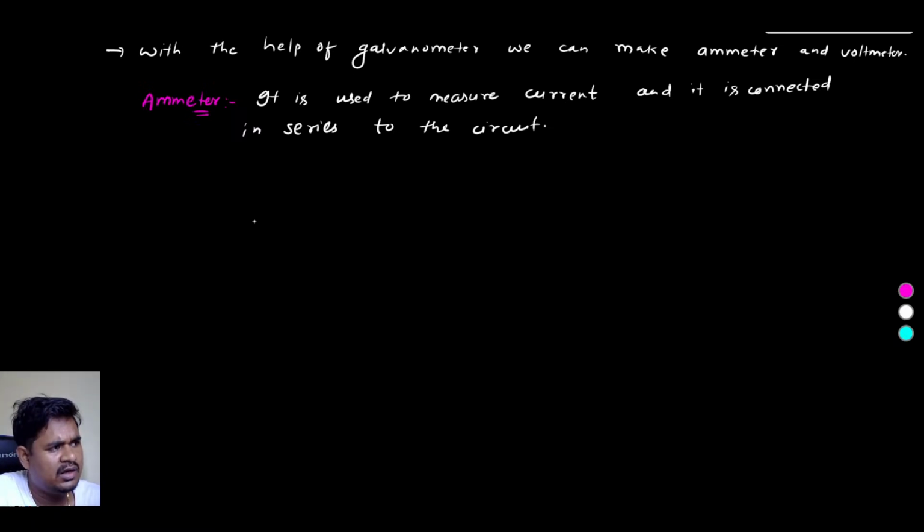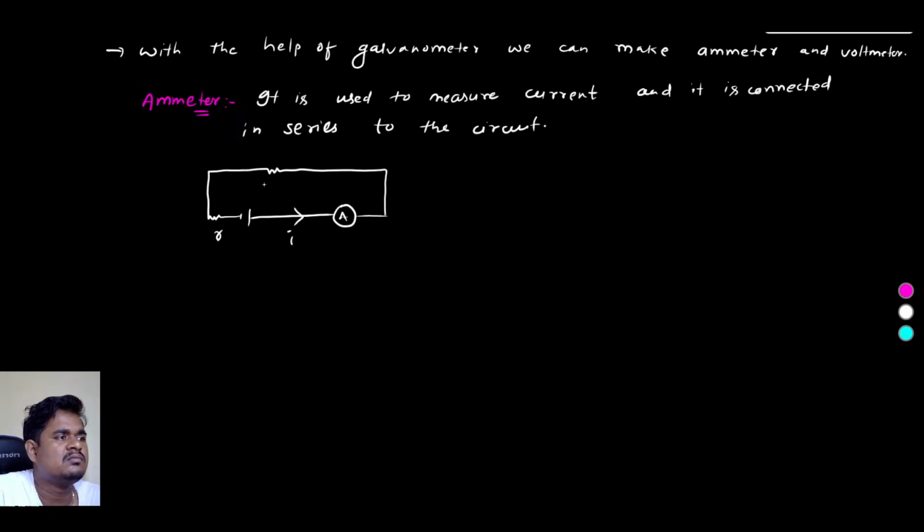So you will find that we have a circuit where current I is coming and an ammeter is connected like this way. Let's say this is the battery. You can see that the ammeter is connected in series to the circuit to measure the current.